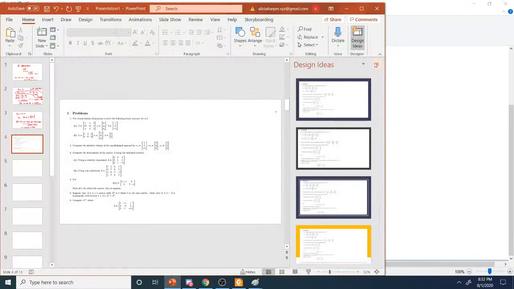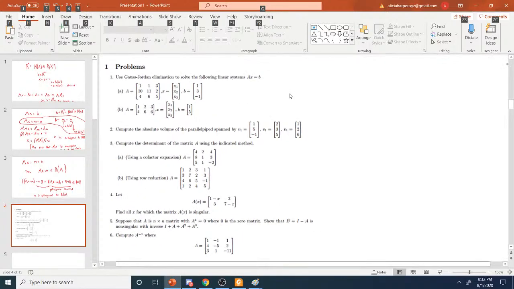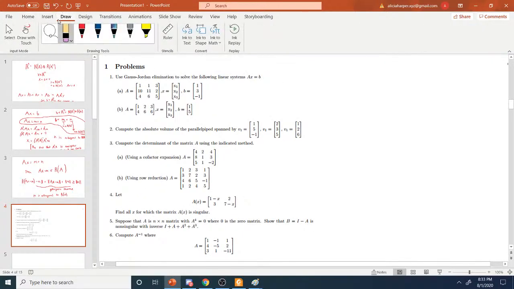So this is exam 1. Let me go over what's involved in them. For part A, what you do is write down the augmented system 1, 1, 3, 10, 11, 2, 4, 6, 5, and you put your little augment bar, 1, 3, -1.